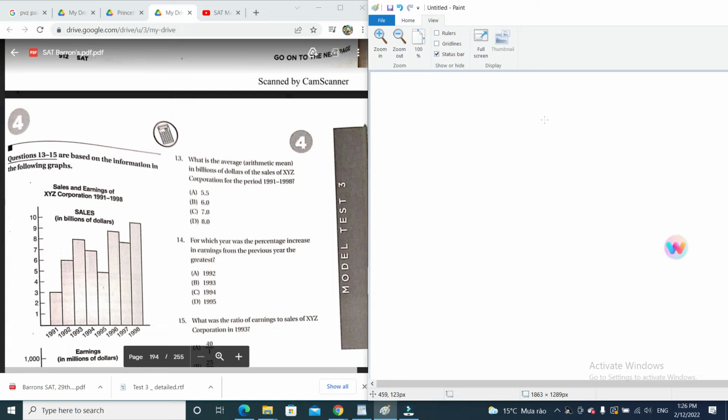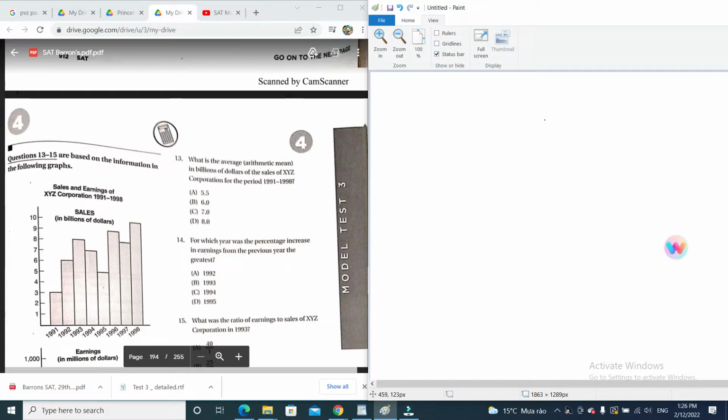To 15, ask about the information on the following graphs. They give us sales and earnings of XYZ Corporation between 1991 and 1998.